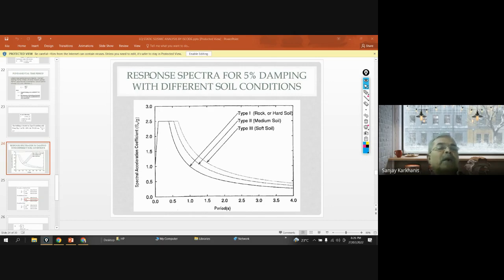That's why I will say this is not response spectra but a design response spectra, because actual response spectra and design response spectra is different. Clear?